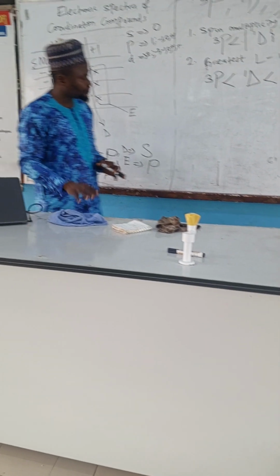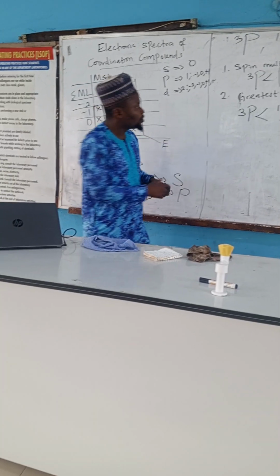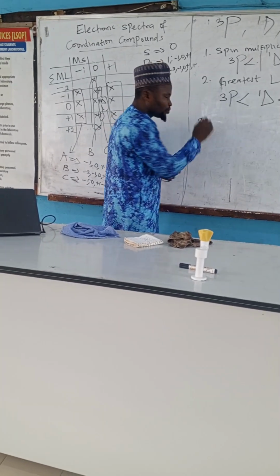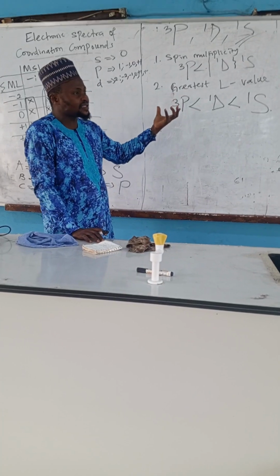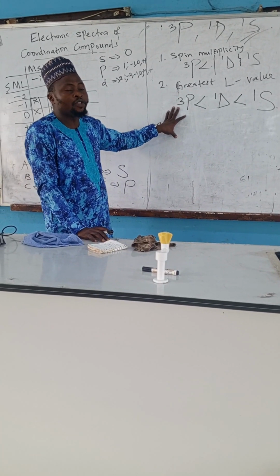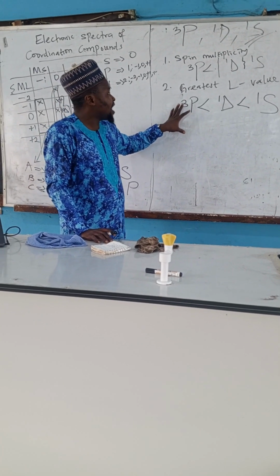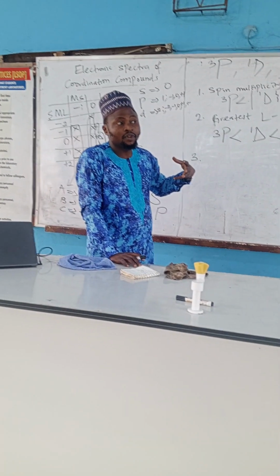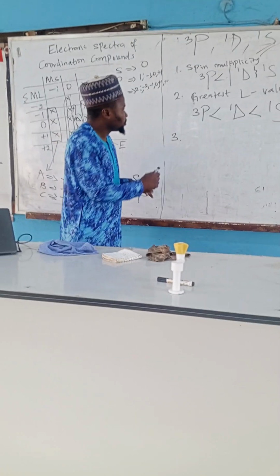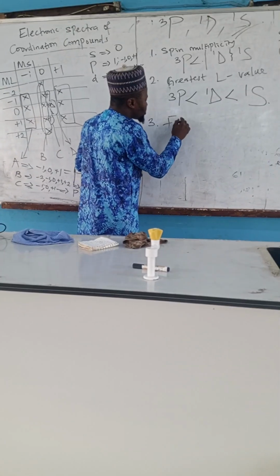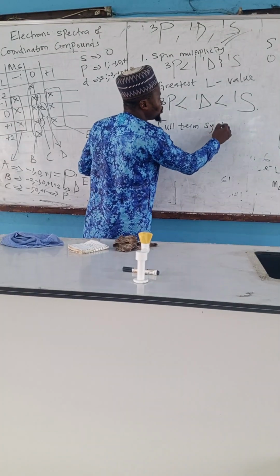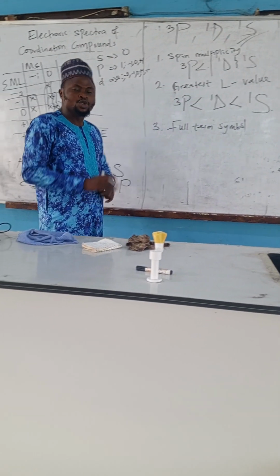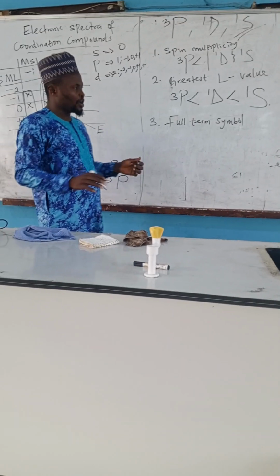Lastly, there is another rule, which is the last rule. At times, in fact, in this case, we have not actually derived the full term symbol. If you derive the full term symbol, in some cases, even if you were not told in any question, you should finish it. And if you are told, you should always do it.